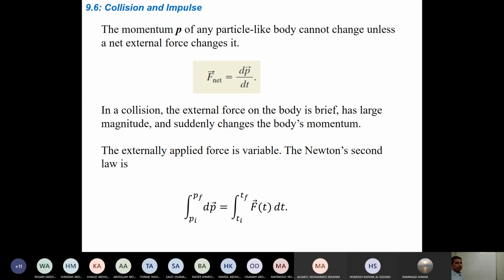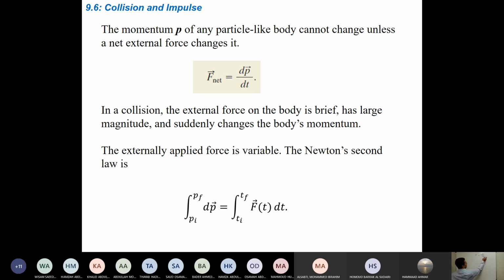So what you see is, we already know that the force is equal to the change in momentum with respect to time. If the force is not a constant force, it is a variable force, then I need to apply integration in order to determine the change in momentum in that scenario.